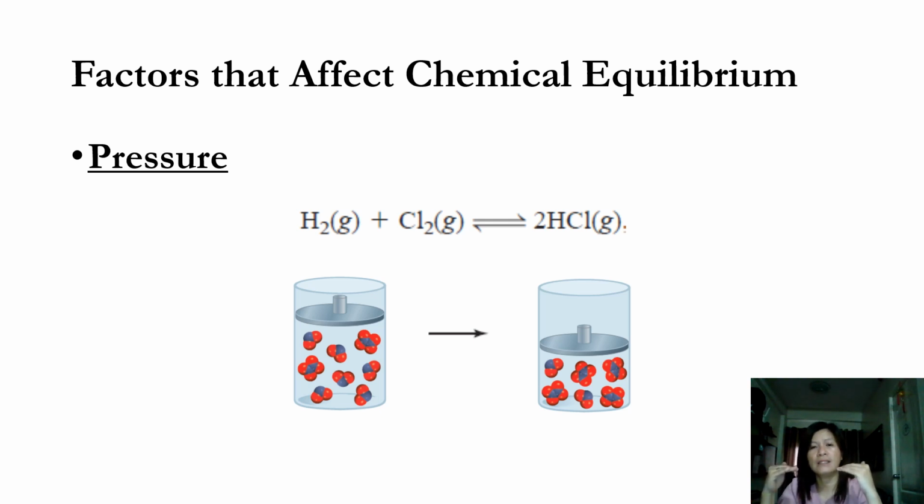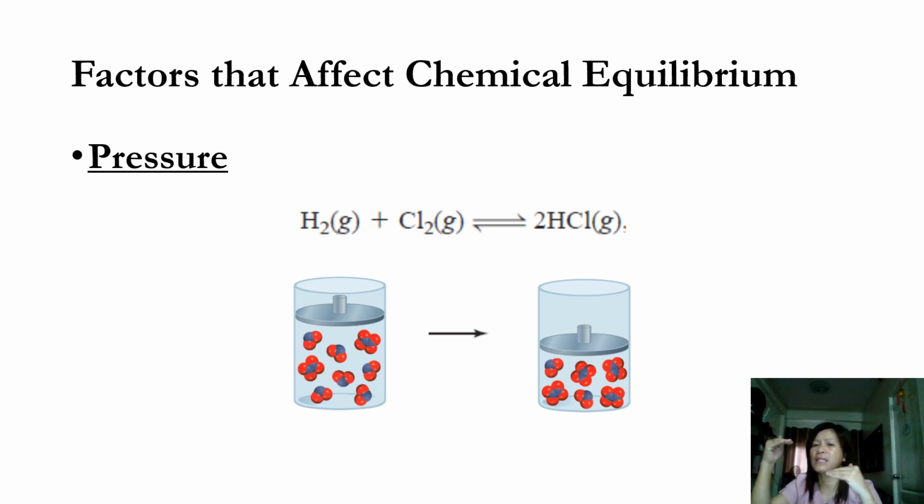If the reactant side has a greater number of moles of gas, increasing pressure is putting stress on that side. So if it's the left side with higher moles of gas, then additional pressure is putting stress on the reactant side.